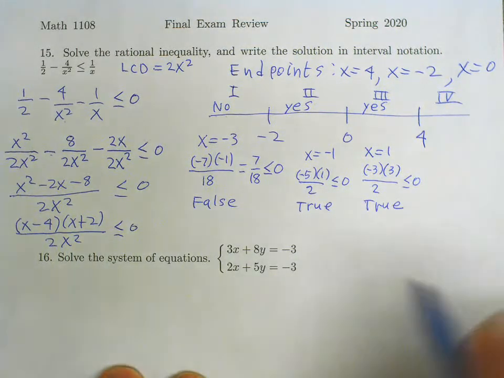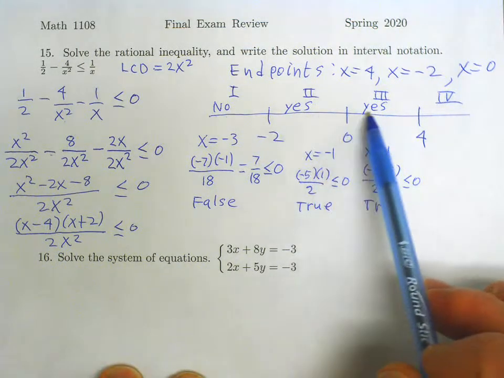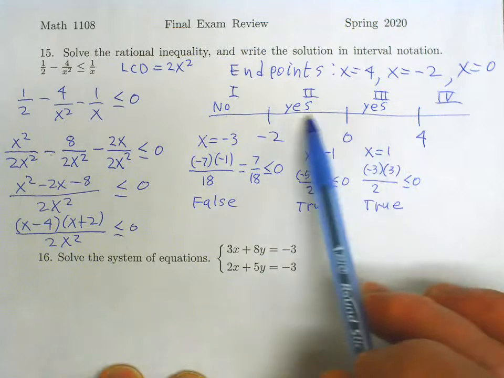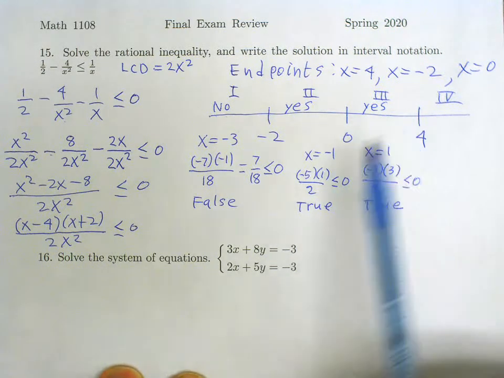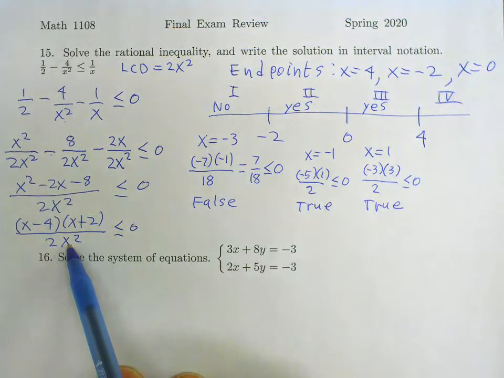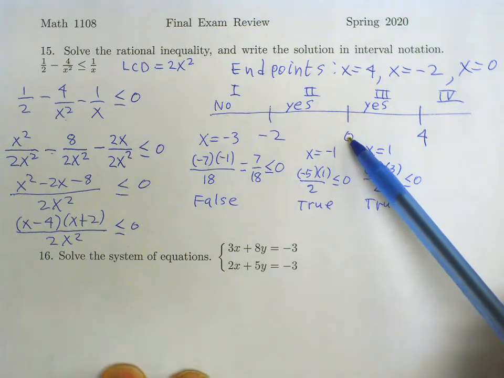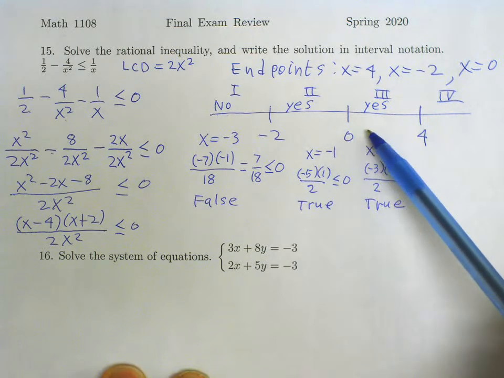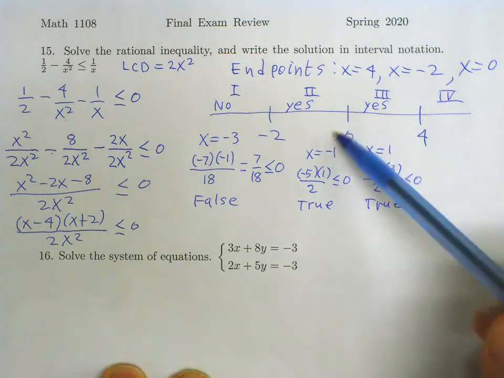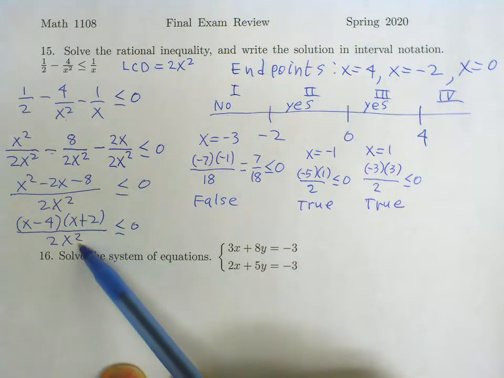So you might be surprised that there are two adjacent intervals that are solutions. The reason is that in the denominator we have x squared. So that means that in the vicinity of 0, just to the left of 0 and just to the right of 0, when we square a test point, it's going to be positive.